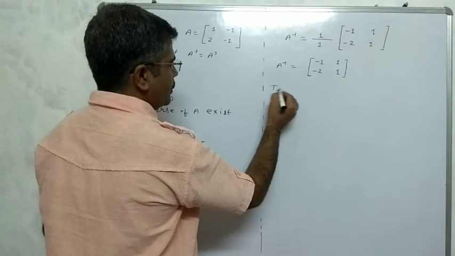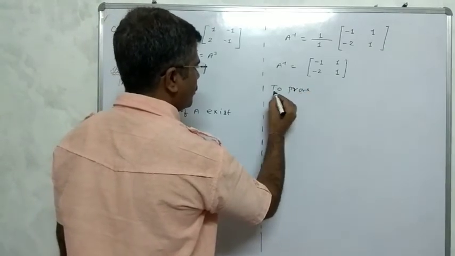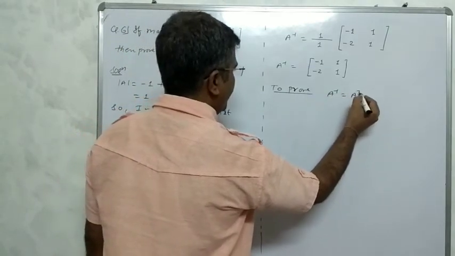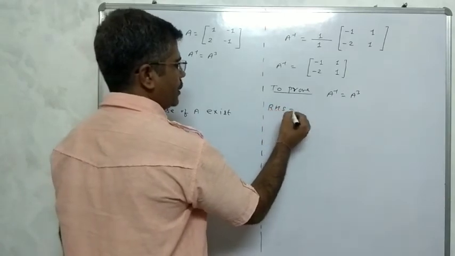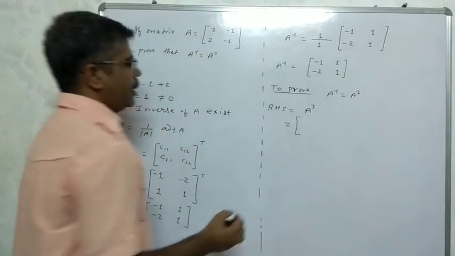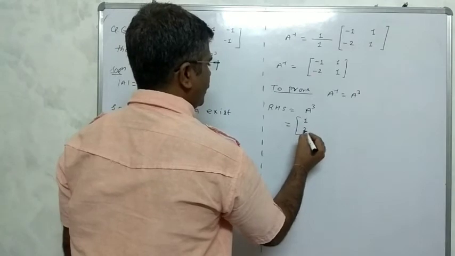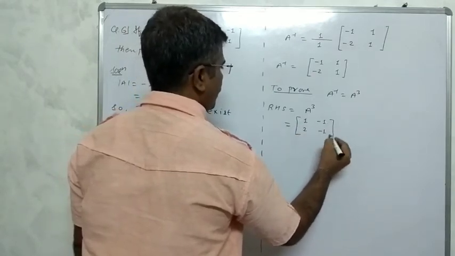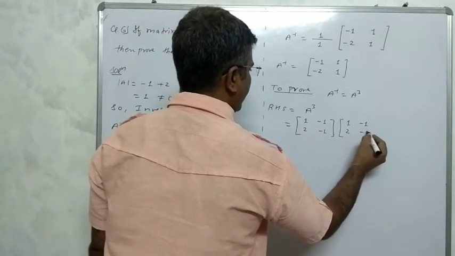To prove A inverse equals to A cube, we take RHS A cube. We write A 3 times, 1, 2, minus 1, minus 1 into 1, 2, minus 1, minus 1.